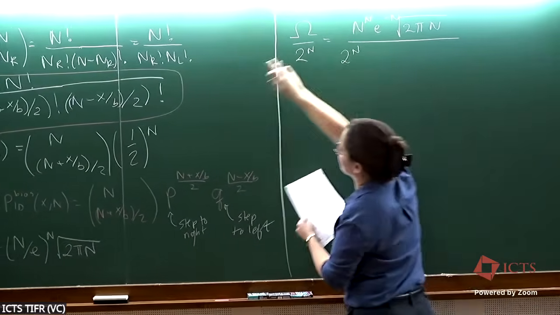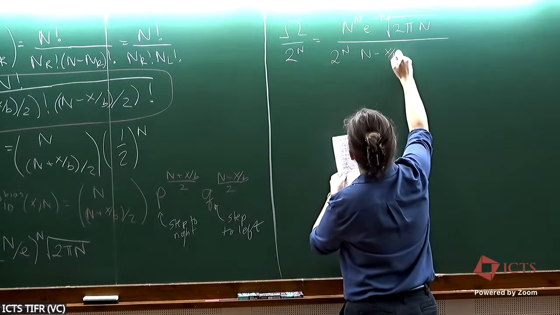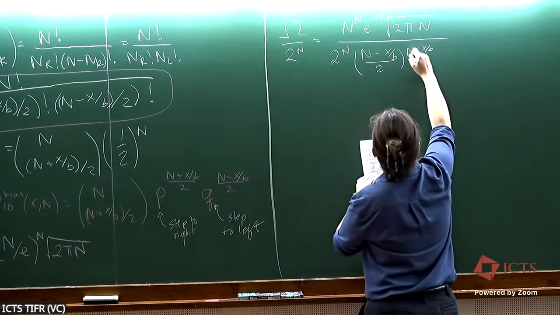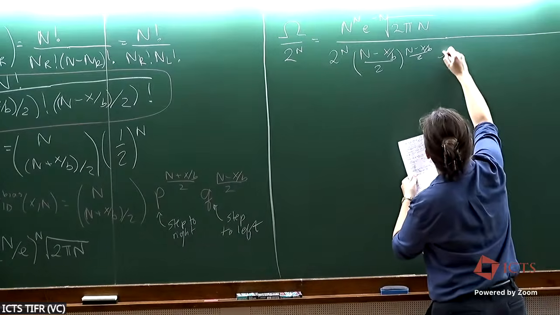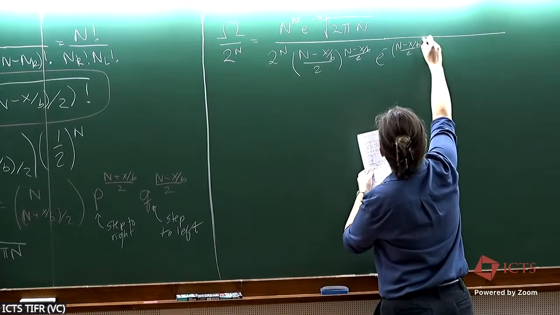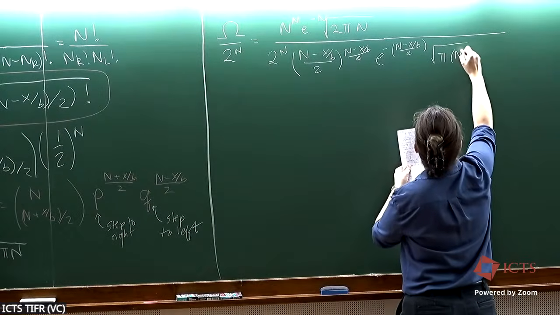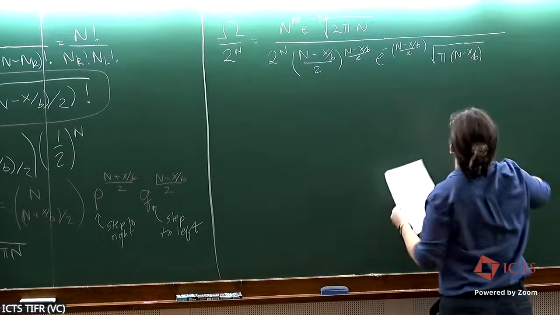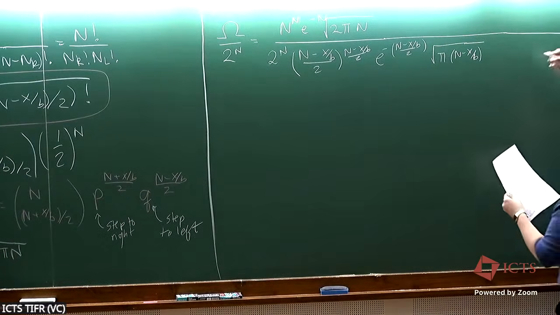This is just Stirling's approximation on the top, and now we'll do Stirling's approximation on the bottom. We have n minus x over b over 2 to the n minus x over b over 2, long denominator here. We have this e to the negative n minus x over b over 2. And we have our square root term, 2 pi times n minus x over b over 2. We have that extra factor of 2 now coming from the definition.